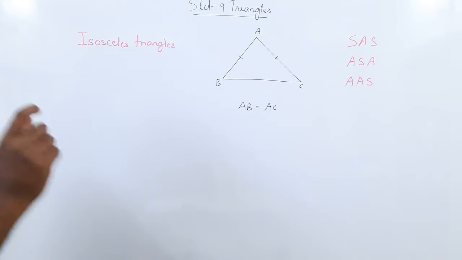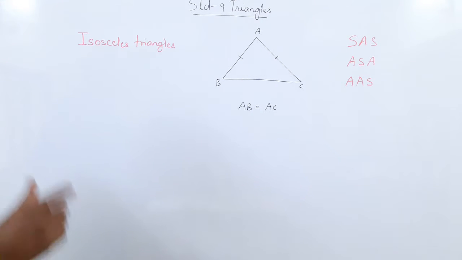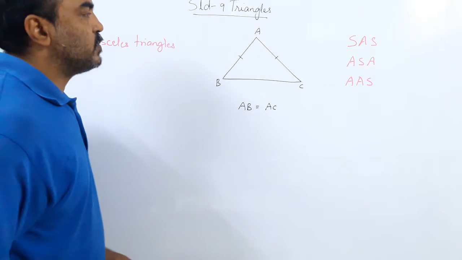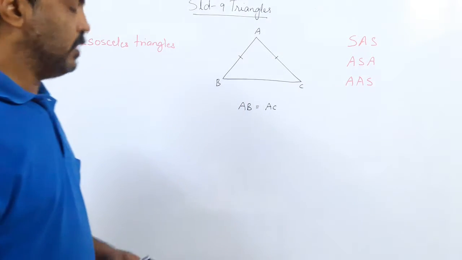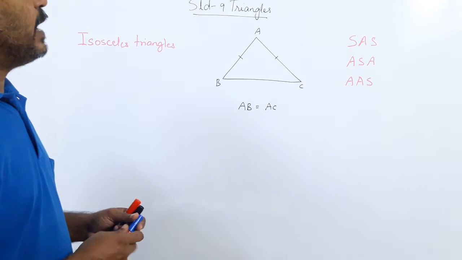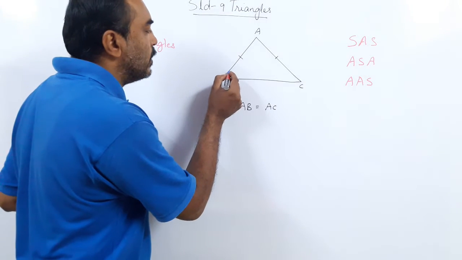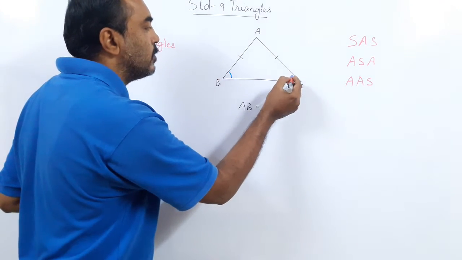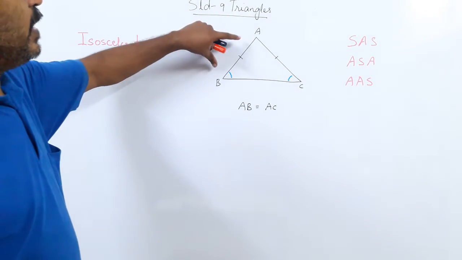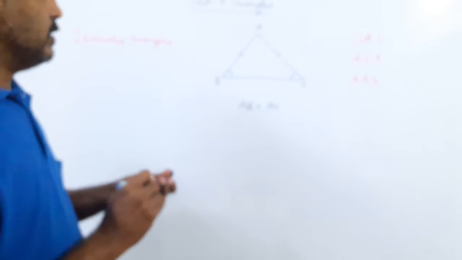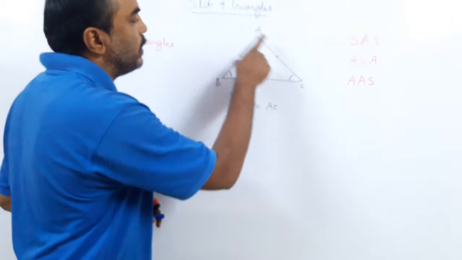So we are going to do two very important theorems today. The first theorem states that if two sides of a triangle are equal, then the angles opposite to them are also equal. Means in triangle ABC, if AB is equal to AC, what is the angle opposite to AB?